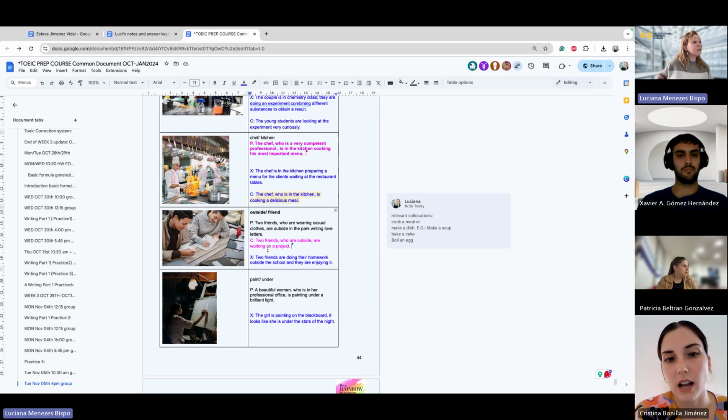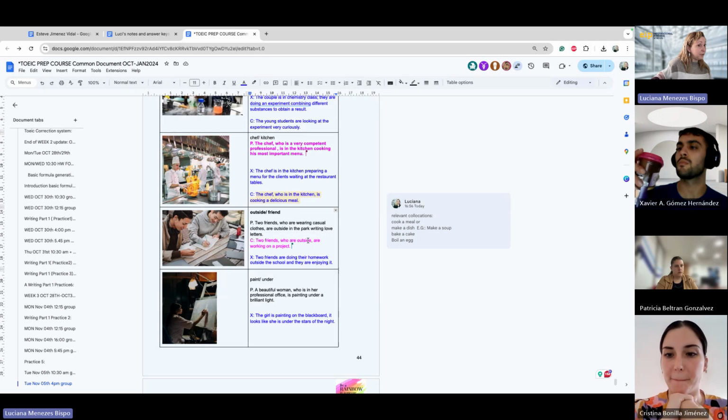Okay, good. Better. I don't know, Cristina, if I have to use commas. If it is a defining relative clause, you don't need commas. If it is a non-defining relative clause, you need commas.